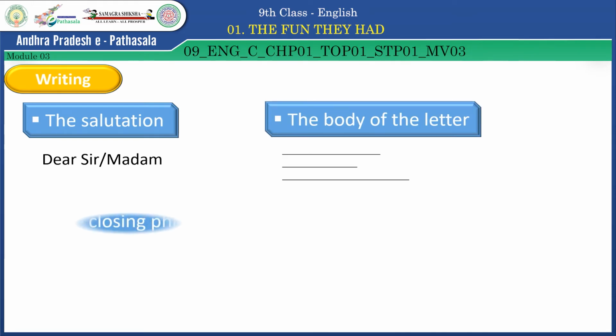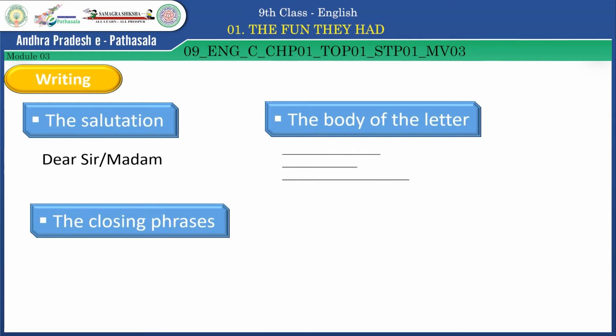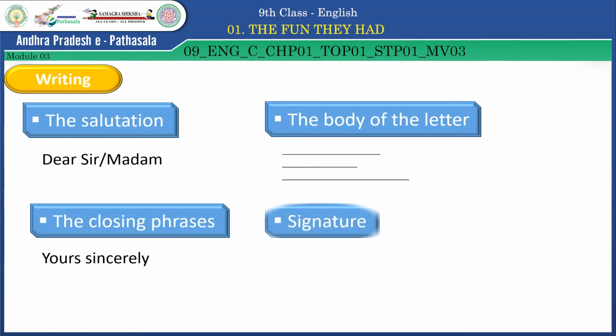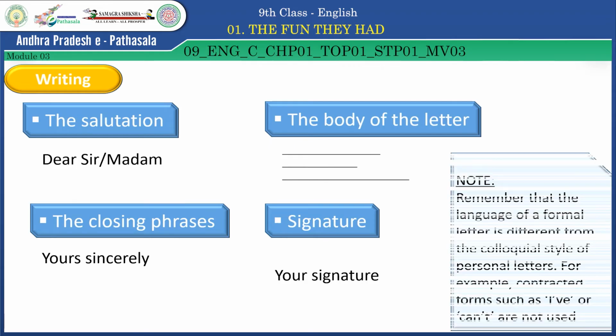Later, you will have the closing phrase like Yours sincerely, and finally you sign your letter with your signature. And also remember that you should not use any contracted forms in a formal letter.